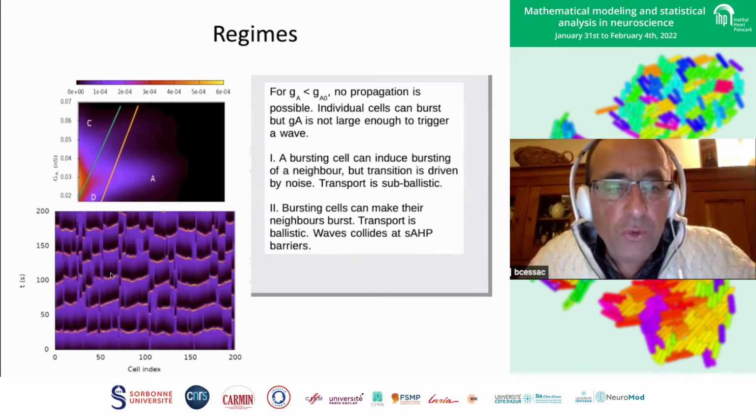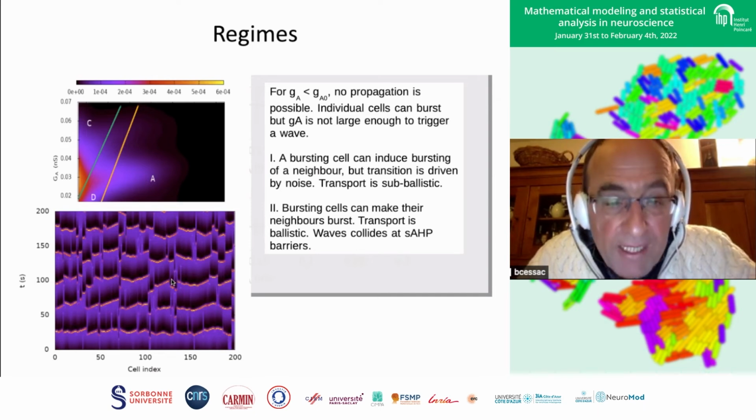This corresponds to this regime, where the waves are competing together. This is what I was saying. A wave can propagate, but at some point it will be stuck because there was another wave before, and here you have a black region corresponding to hyperpolarization.